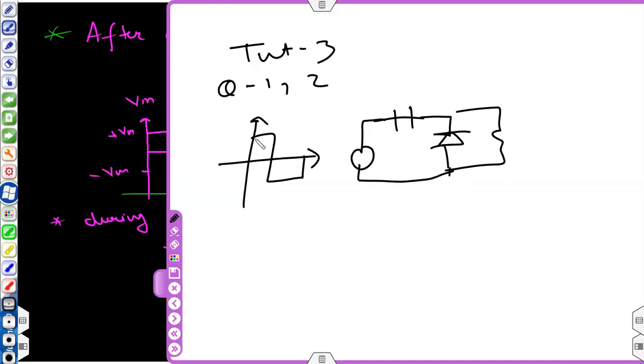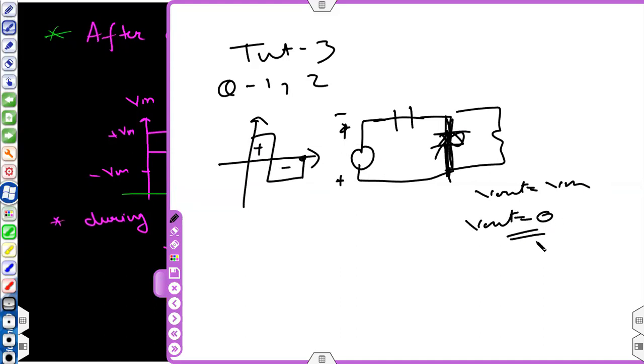If you start your analysis considering that this is the only wave present, the output will be wrong. For the positive half cycle, plus will be here, minus will be here, and this diode will be off, so Vout equals Vin. For the negative half cycle, minus will be here, plus will be here, and the diode will be on, short circuited, so Vout will be equal to 0.